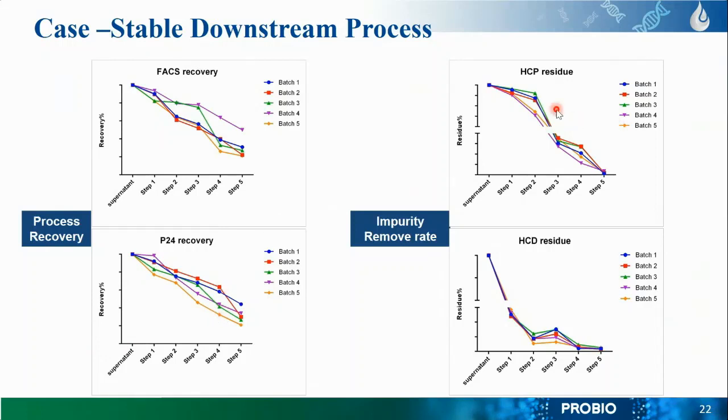And here, the HCP removal is the highest when we have loaded the supernatant, and when it comes to step 5, it's within our target. And with the HCD as well, it's super high. And when it comes to our last step in our process, it comes to very low.